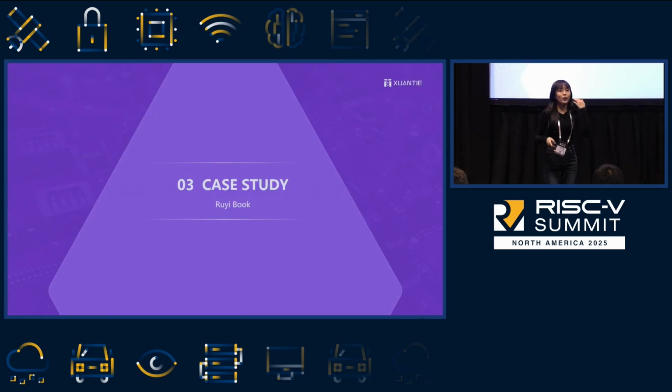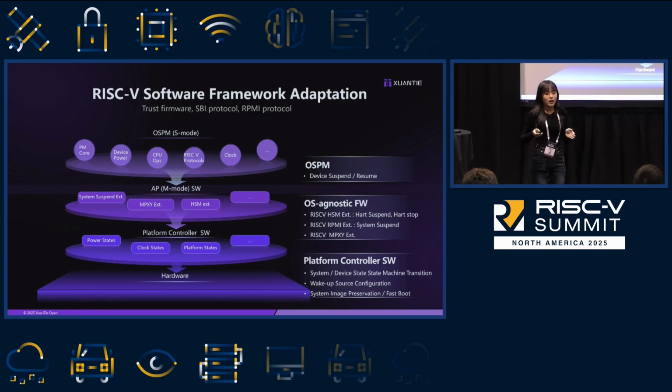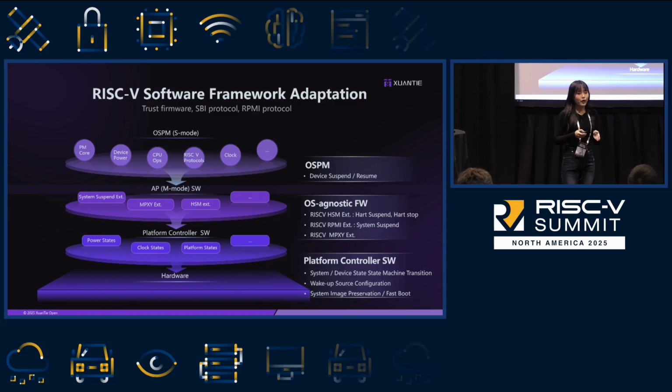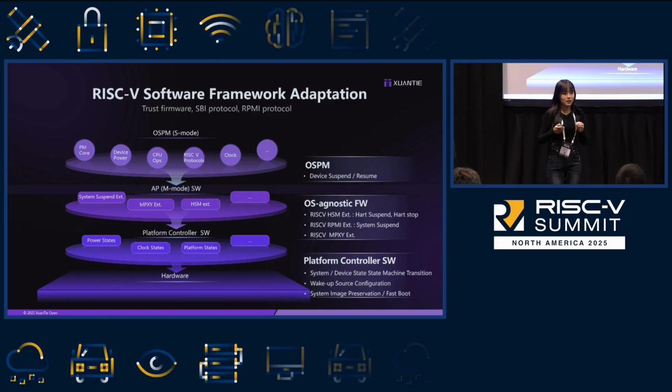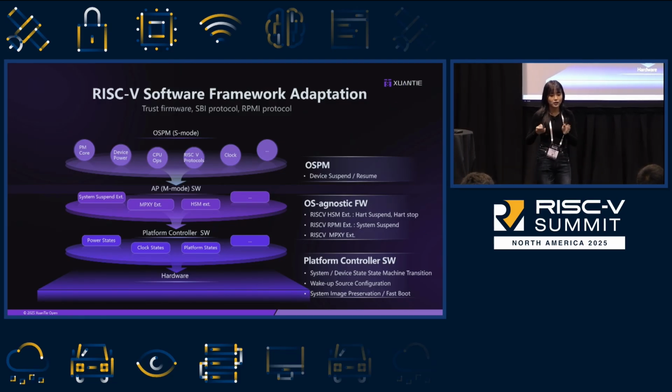So with all the implementations I just shared, here is our software framework adaptation. As you can see here in OSPM, we still have some self-designed protocols for the device suspend resume, which I will cover later. And in the privileged platform firmware, which is OpenSBI, we have implemented our hart suspend, hart resume, hart stop, hart start as the non-boot core, boot core, hot plug, and suspend resume.